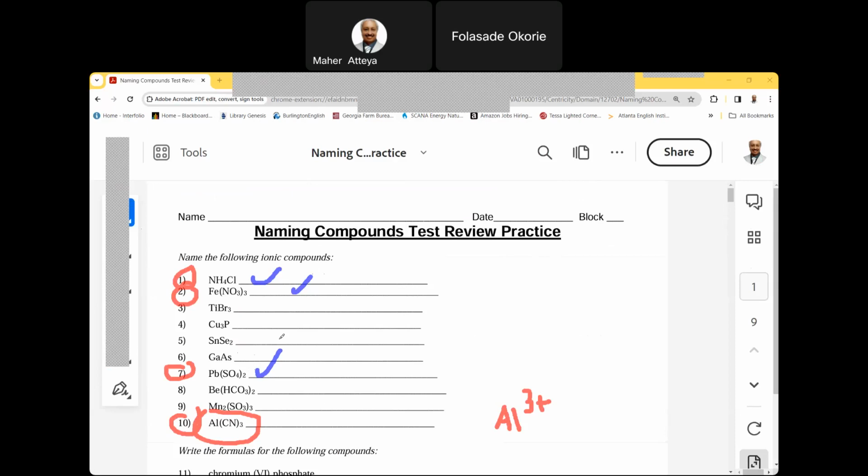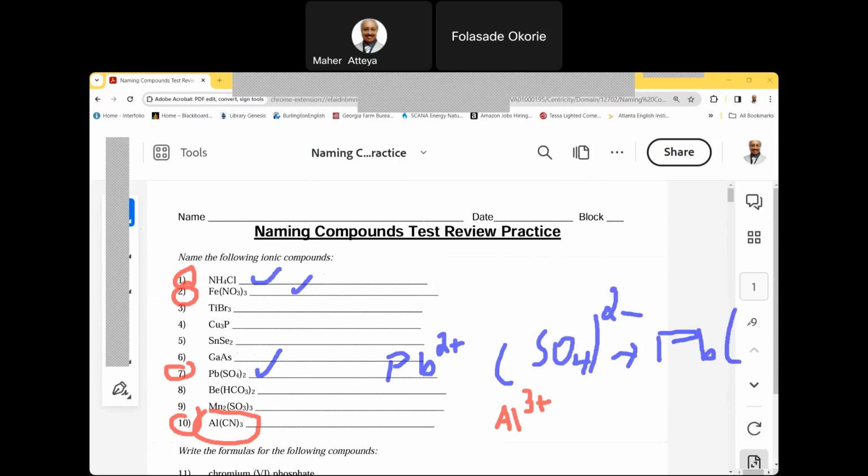Because you have to have the positive charges equal the negative charges. So the lead here, you just write it here. It's 2 plus, correct? But the sulfate is 2 minus.